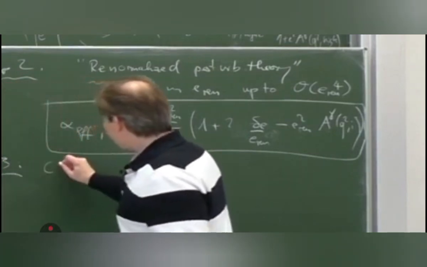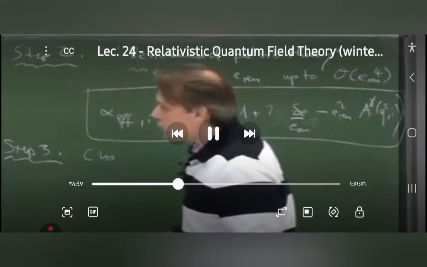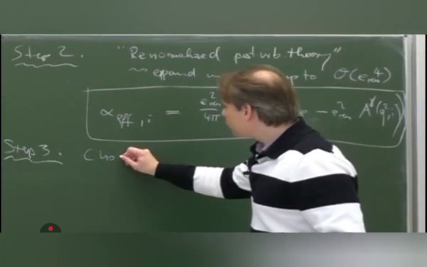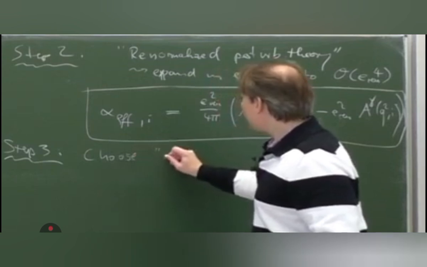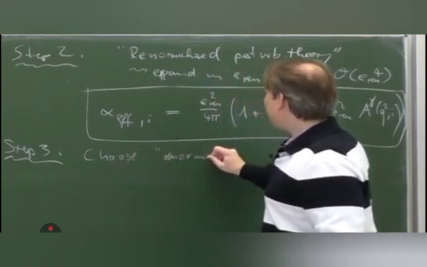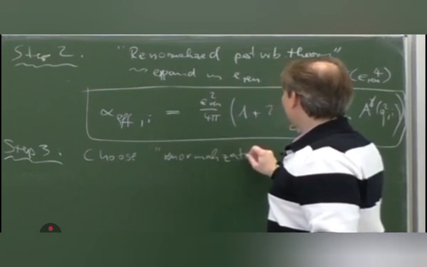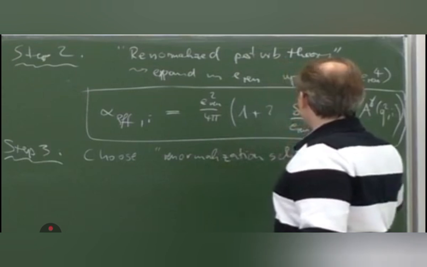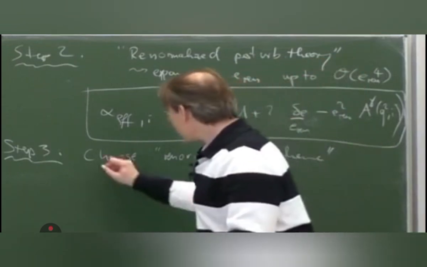Then, step 3, you choose now a concrete scheme for this delta E and for the renormalized E, and that is called renormalization scheme. We choose a renormalization scheme.